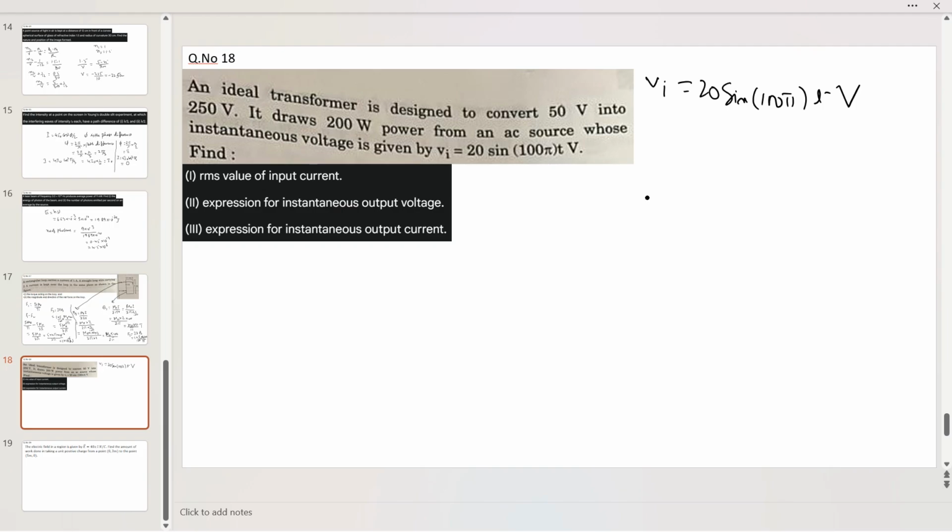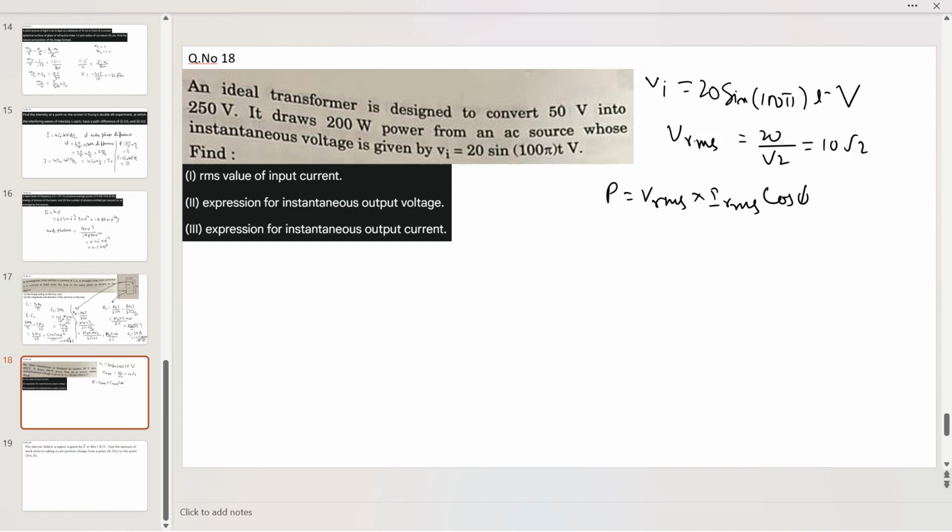Now your input current in RMS. Here your Vrms is equal to 20 by root 2, and this comes out to be 10 root 2. So power is equal to Vrms into Irms cos phi.